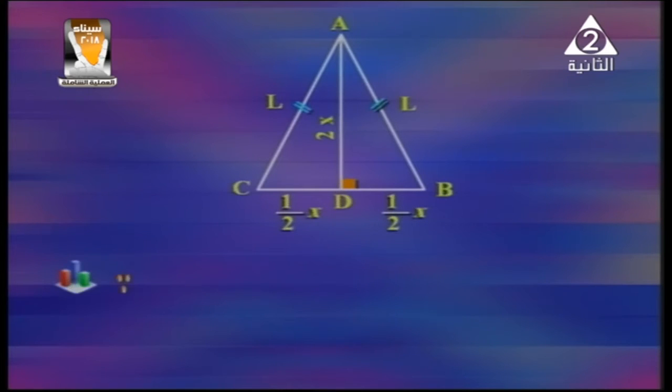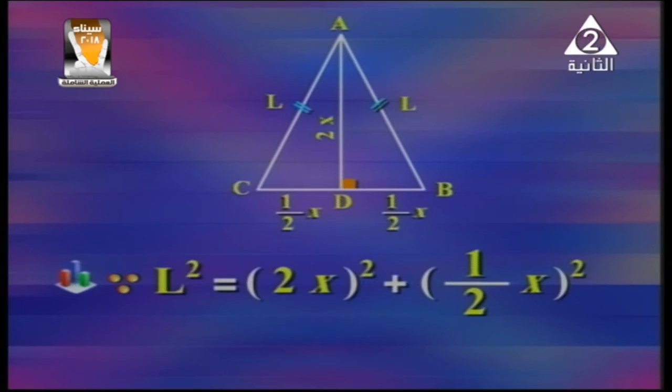This is the first. Since L squared equals 2x squared plus half x squared. Why? Look at triangle ABD. This is a right angle triangle. AD equals 2x, BD is half x, then the hypotenuse L squared equals the sum of the squares of the two sides, 2x to the power 2 plus half x to the power 2.